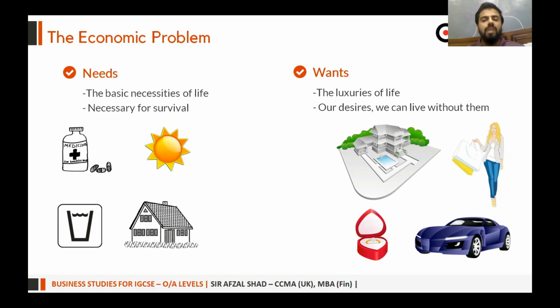So we can live without a big house. We can live without the branded clothes. We can live without golden ornaments, and we can live without a sports car or a Ferrari. So all of these things are not necessities, but are desires. Everyone wants a big home, big mansion, big villa.